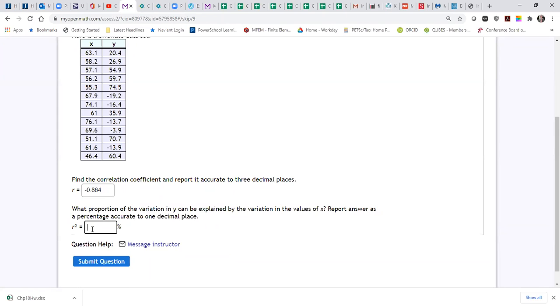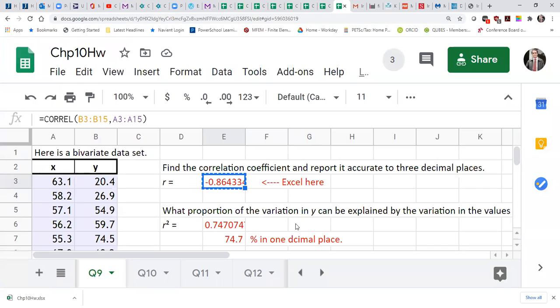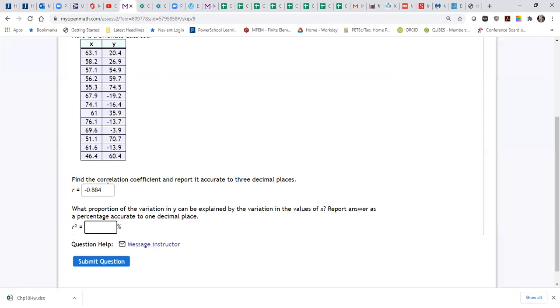And as you square it and then multiply by 100, you got this number down here, 74.7. Okay, and submit it.